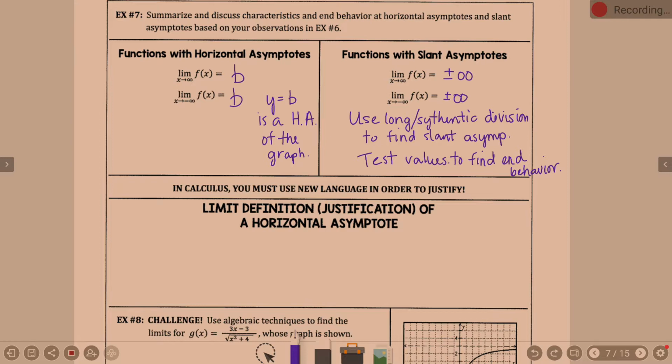Earlier on, I know it was in today's earlier somewhere, we looked at the limit definition, justification of a vertical asymptote.